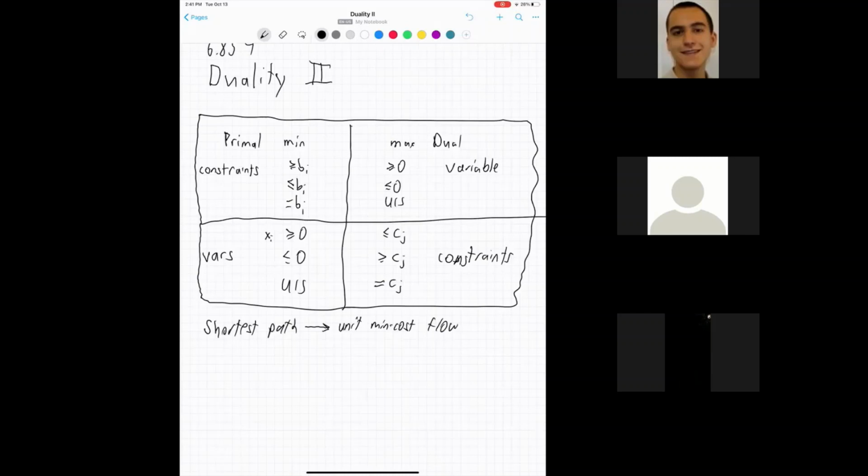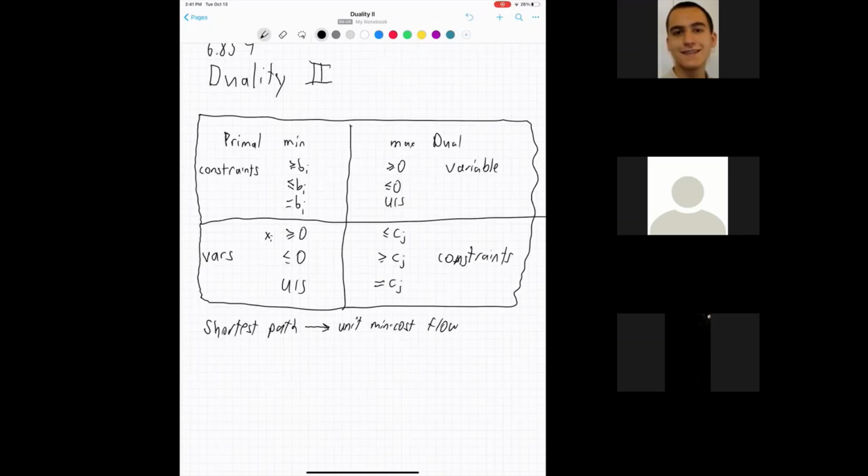That the shortest path from S to T was the cost of sending 1 unit of flow from S to T. And this emerged just from mechanically taking the dual and interpreting those dual variables as a different characterization of exactly the same problem.